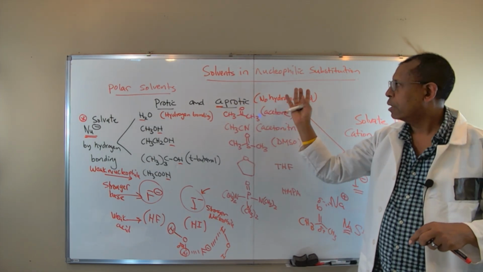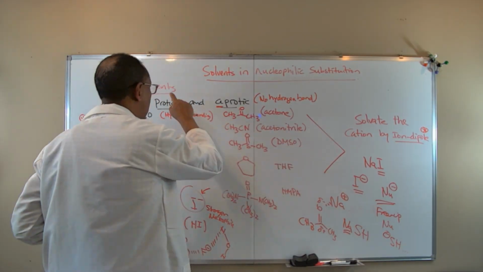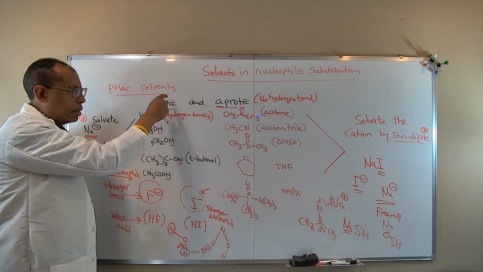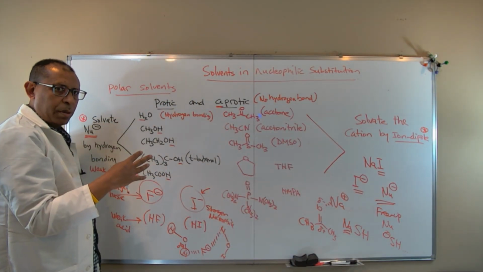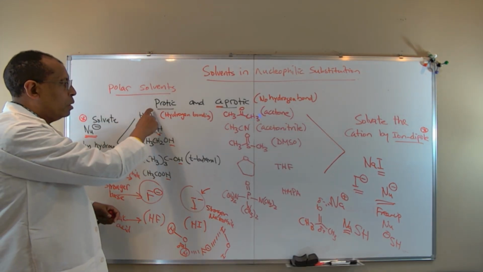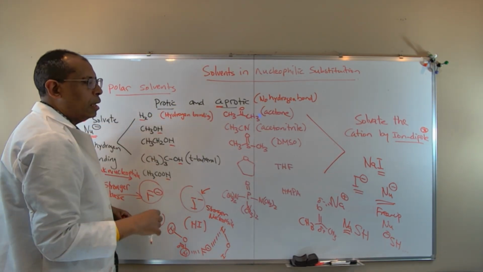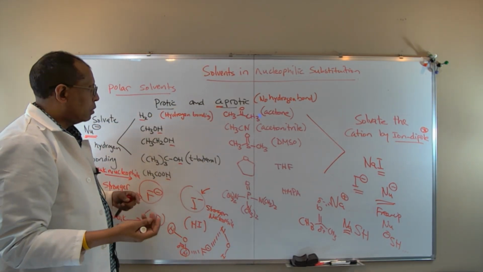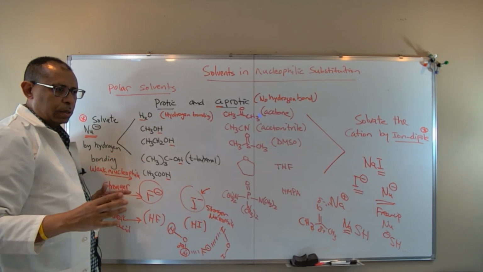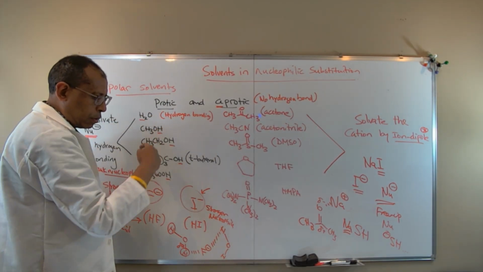Any nucleophilic substitution reaction requires polar solvents in general, but some of the substitution mechanisms, we'll consider the mechanisms also, would require a protic solvent. Some also need aprotic solvents. And make sure that you understand the difference between protic and aprotic solvent.